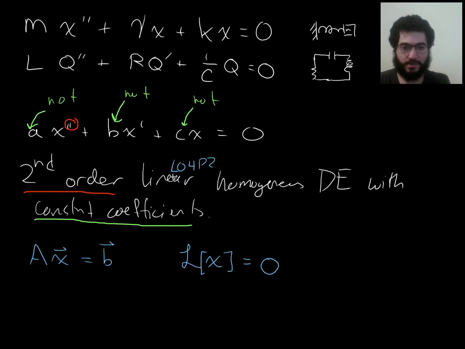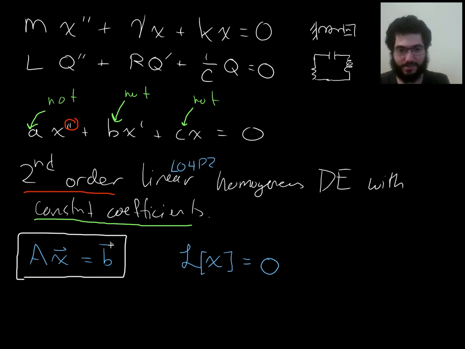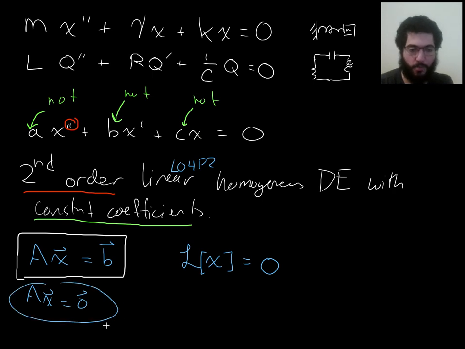Now, if you remember from linear algebra, Ax equals b was the form of a linear system, where A is a matrix. What do you say about the linear system when the right-hand side is 0, like Ax equals 0? You call it a homogeneous linear system, right?